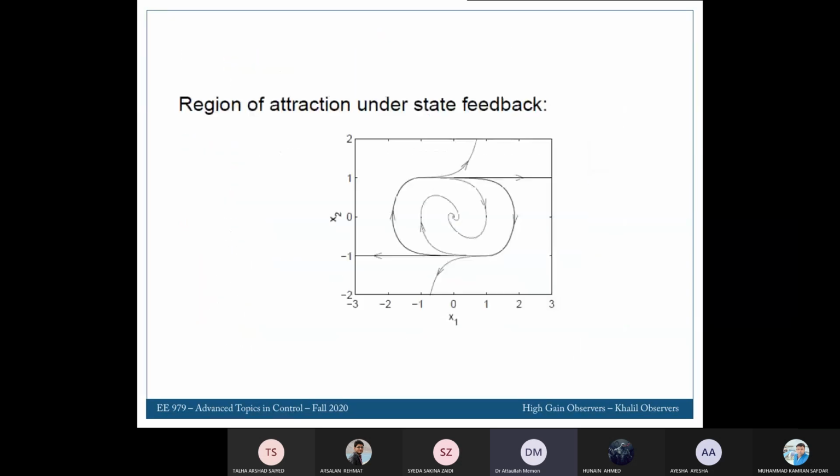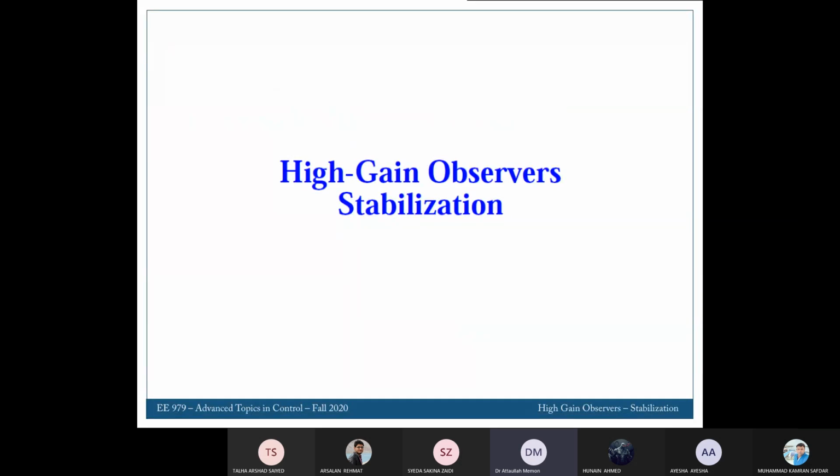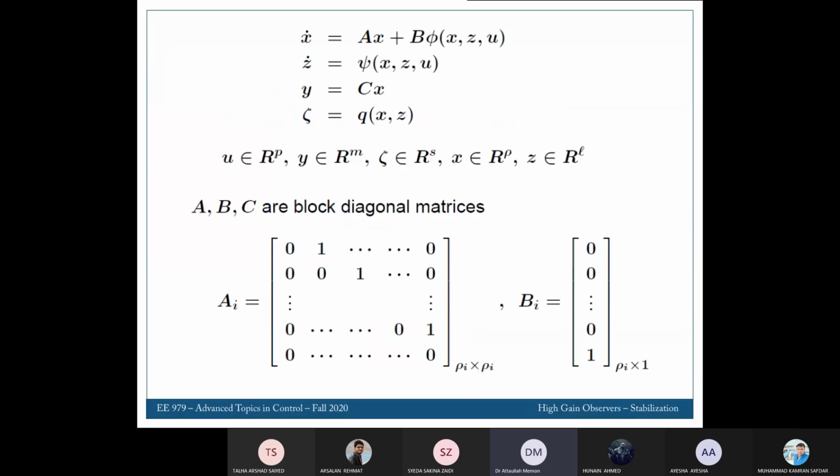Can we use this for a stabilization problem? Let's see. Now I'm looking at a general problem which has the equations in a normal form, where A and B are in a controllable form.